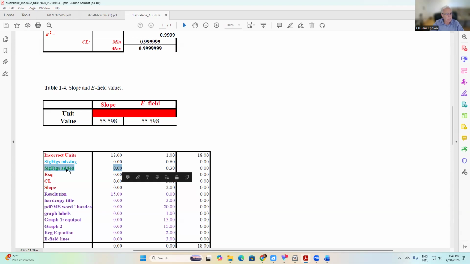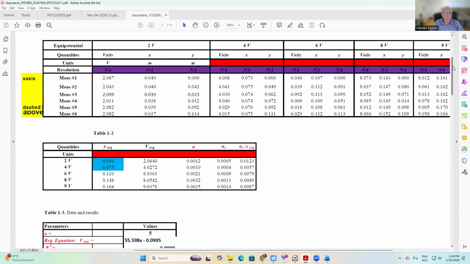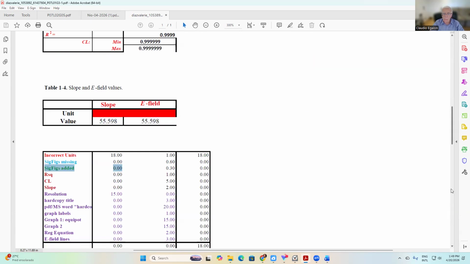Okay, the cell would be green. Note that this student definitely missed 2 significant figures, but my computer at that time didn't pick up the 2 significant figures here. I picked it up only now. I noticed there was a bug in my program, and I fixed that.